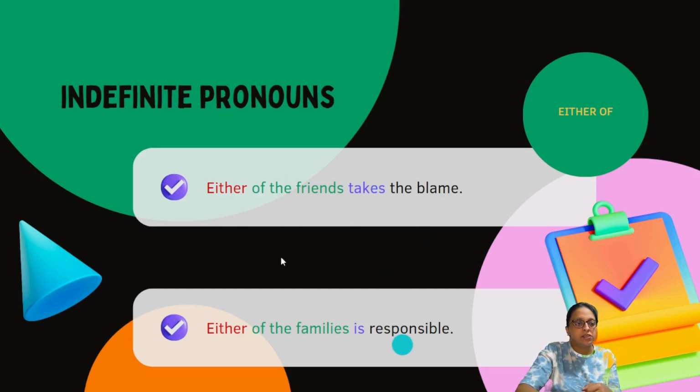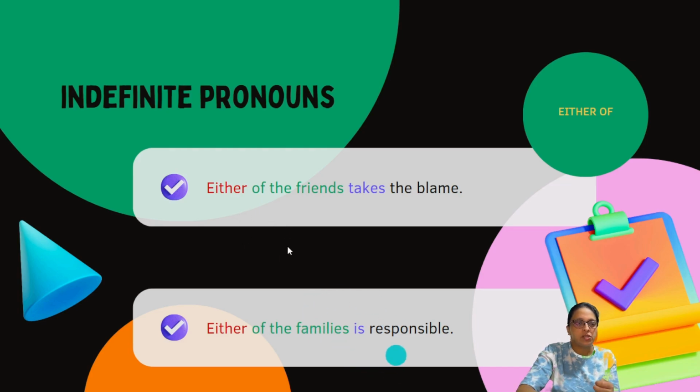Let us take another example. Either of the families is responsible. Here again, can you tell me, why have we taken a singular verb? I give you a few seconds to relate it with the previous example. I'm sure you can get it. That again, we are talking about two families here and we want to mean one of them.